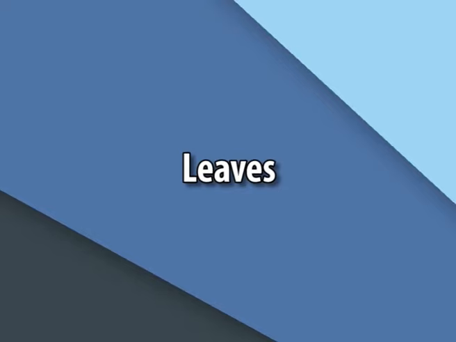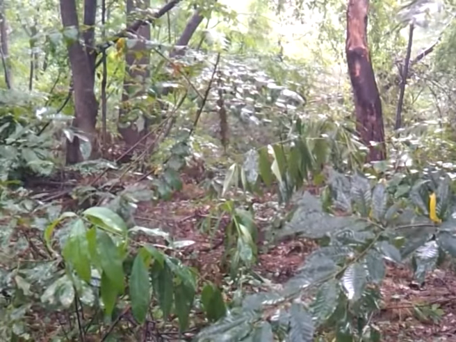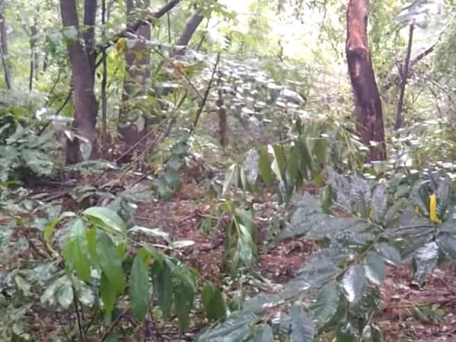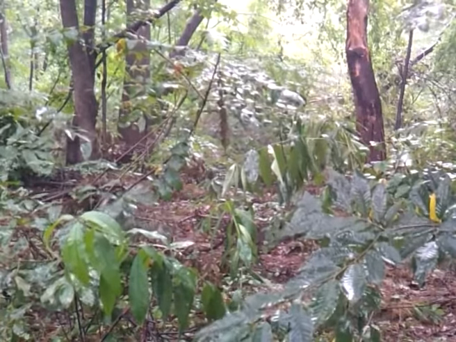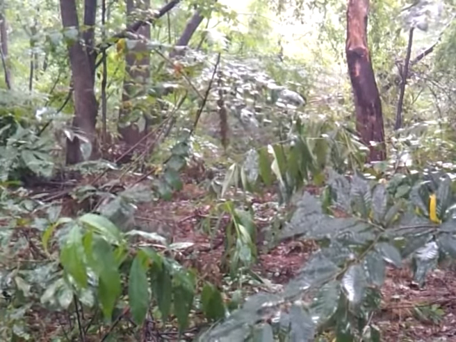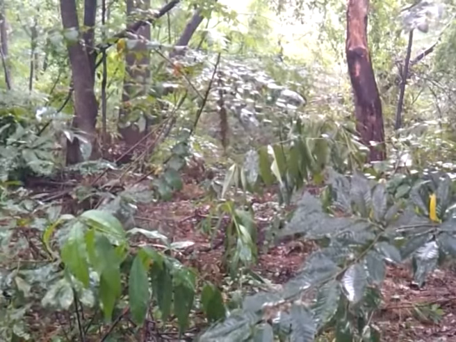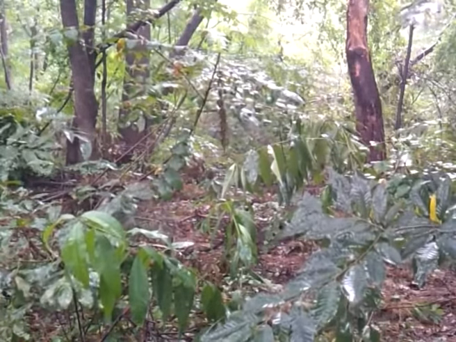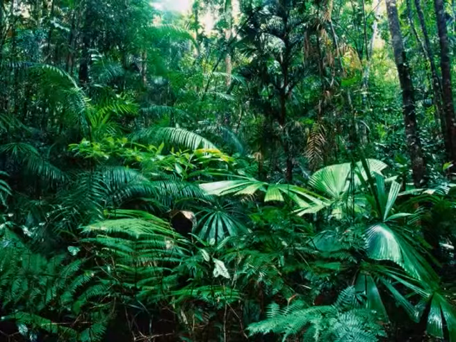Leaves. The leaves are big, thick and waxy and have drip tips to let the rain drain off quickly. Plants need to shed water to avoid growth of fungus and bacteria in the warm, wet tropical rainforest. In the rainforests, competition for light is intense. The plants arrange their leaves at different angles so that a plant avoids shading its own leaves.